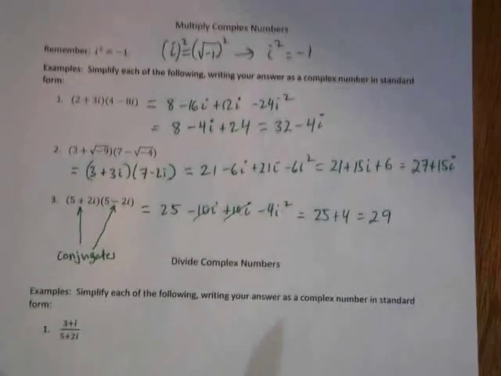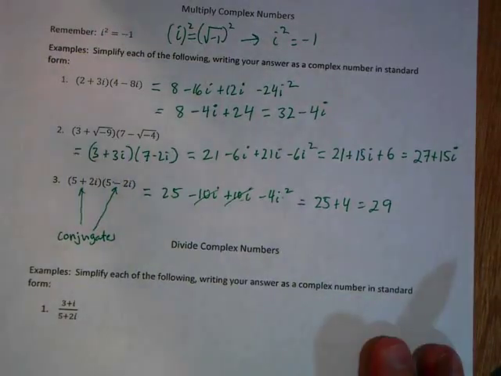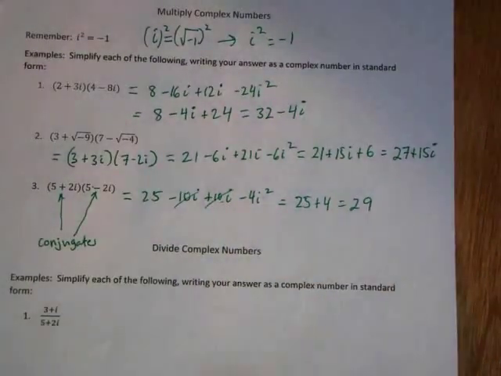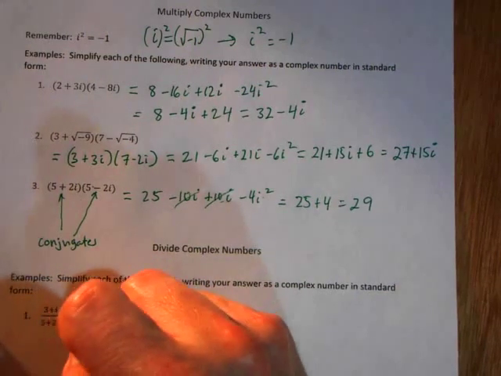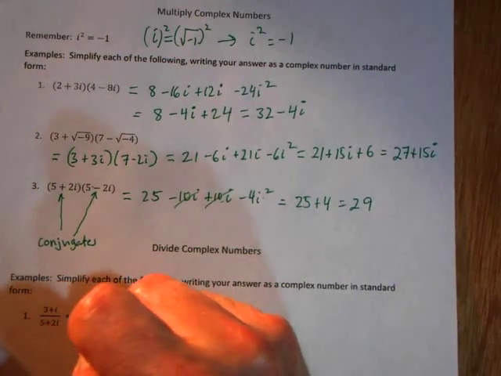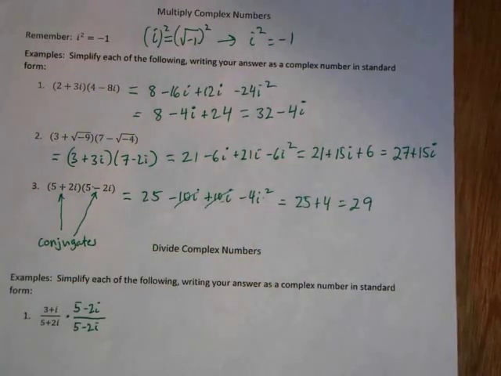Alright, so the idea behind conjugates is the method that we use to divide complex numbers. So to divide complex numbers, you actually do kind of a weird thing. You really multiply. What we're going to do is multiply top and bottom by the conjugate of whatever we have on bottom. We're going to multiply top and bottom by 5 minus 2i.